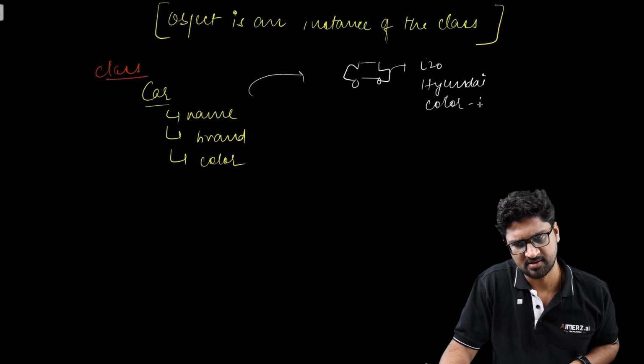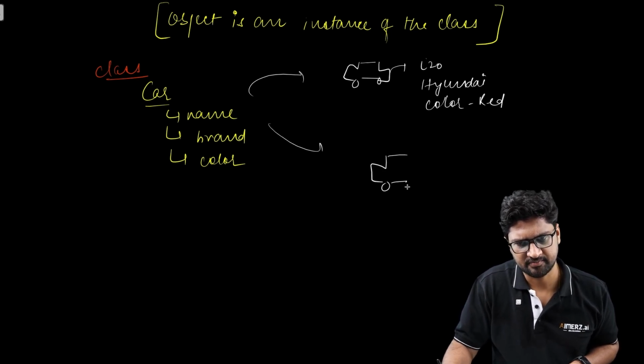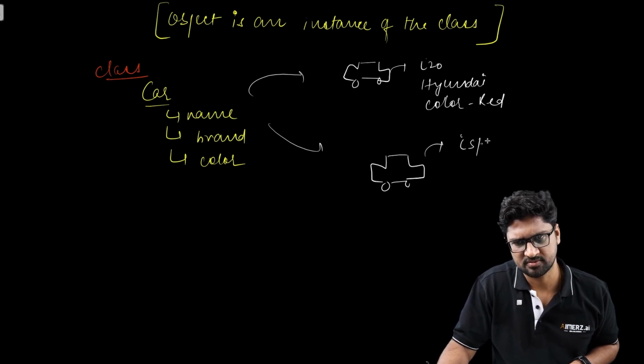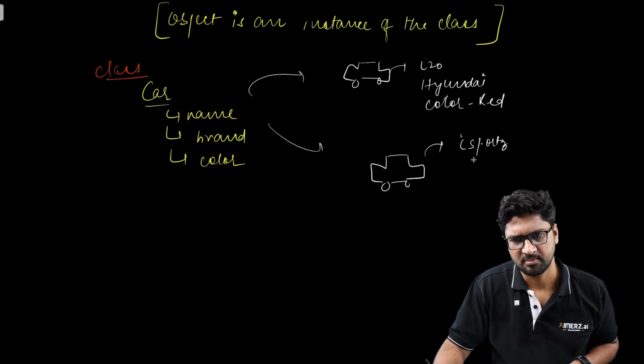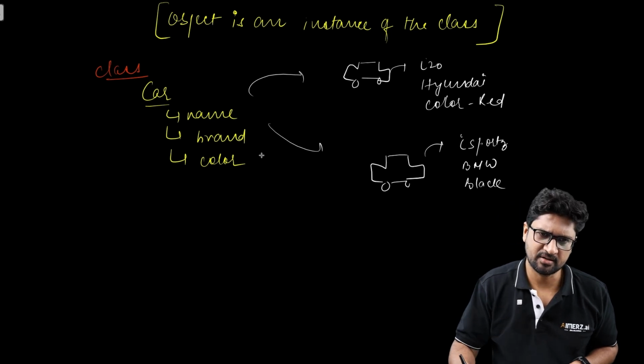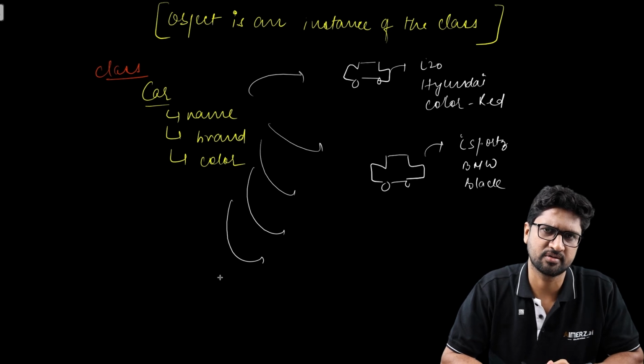Another instance could be another car, let's say I-Sports, brand BMW, color black. And you can create as many instances as you want.